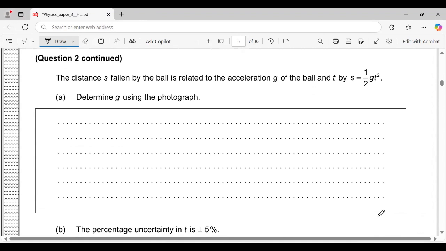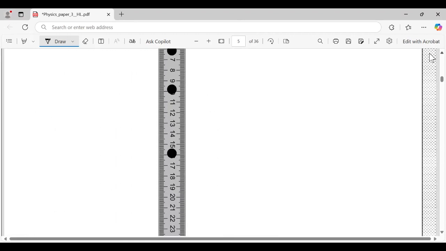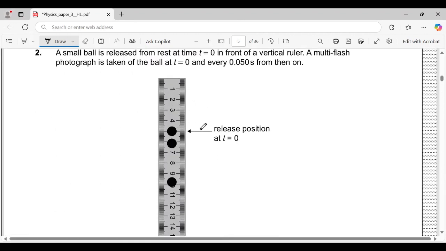So if you look at the photograph, the ruler, when t equals 0 second, the ball position is at 5 centimeters.